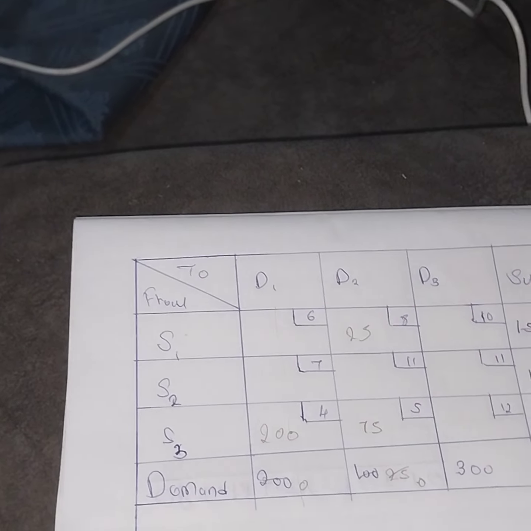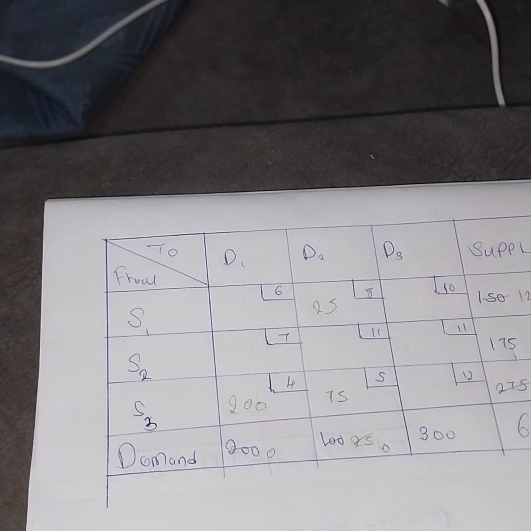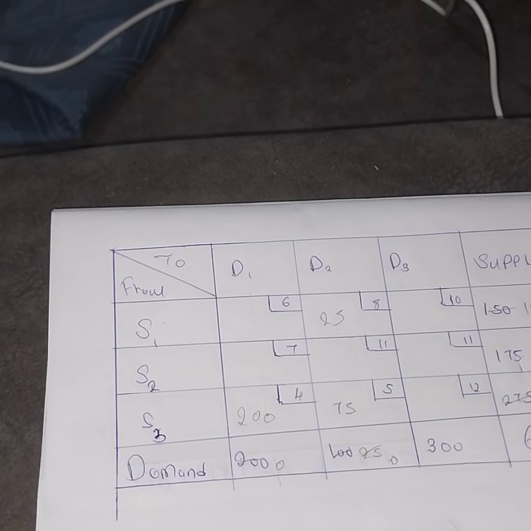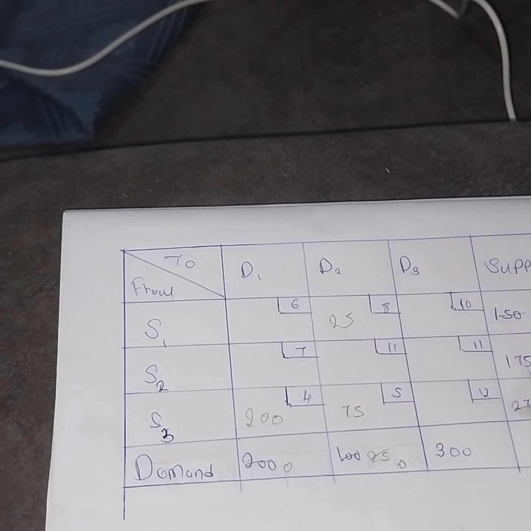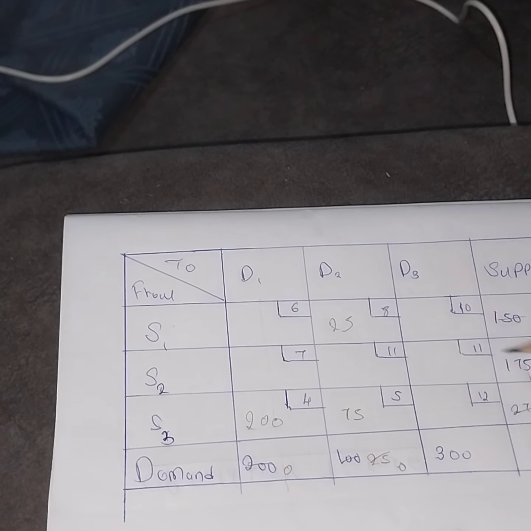Okay, so here we have a demand of 300, and the cost for transportation is 10 and 11.